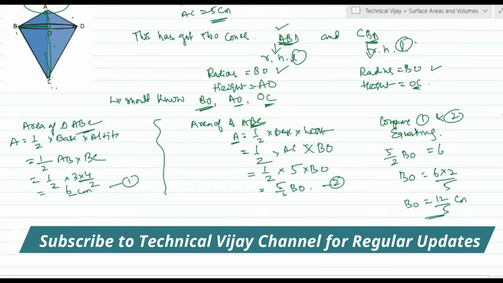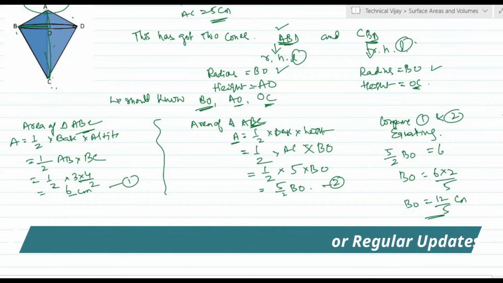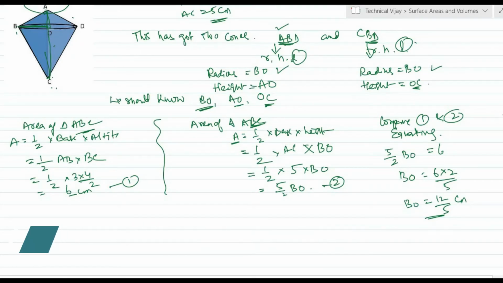So BO we got, and now we will consider these two triangles. This is A, this is B, and this is C, and this is point O. Now consider triangle ABO.